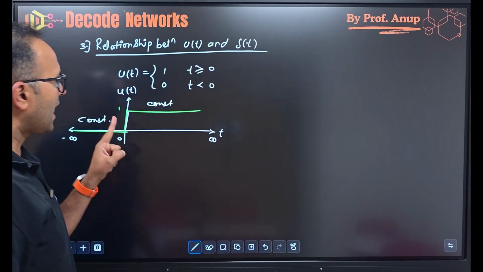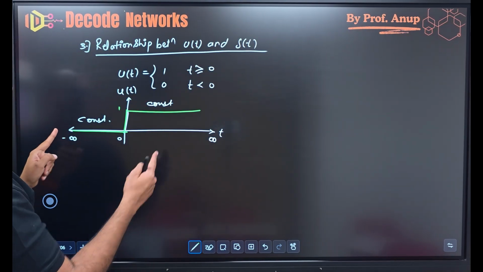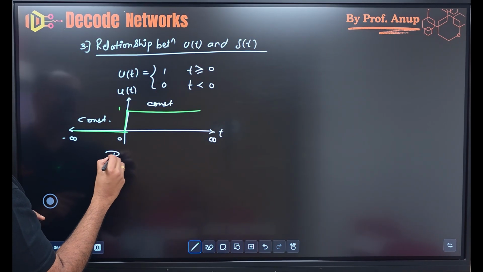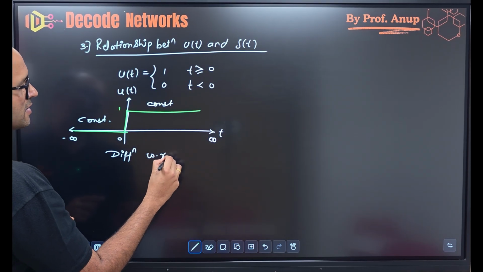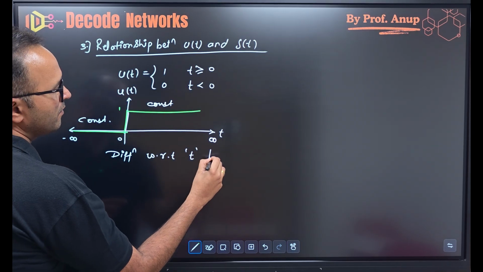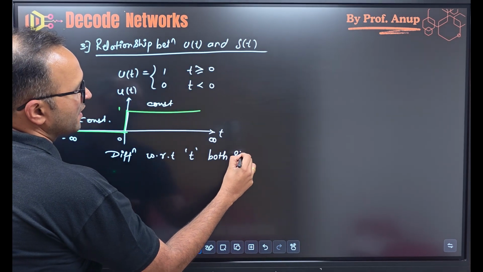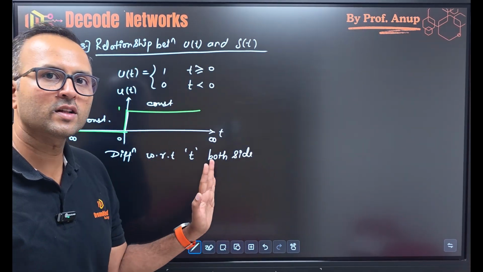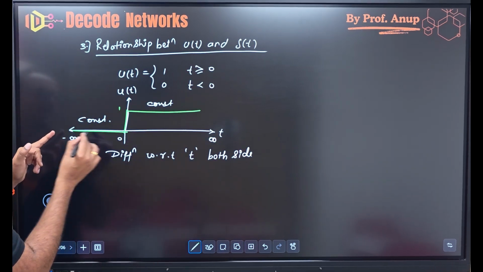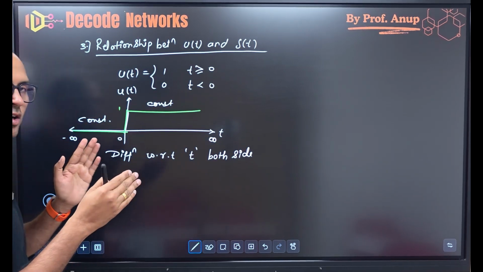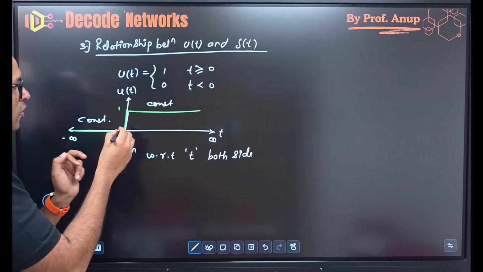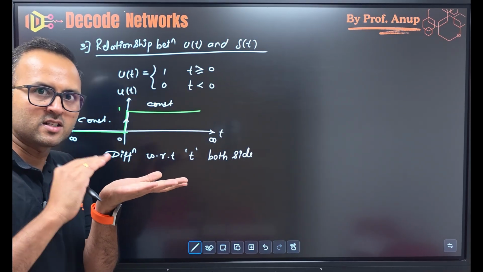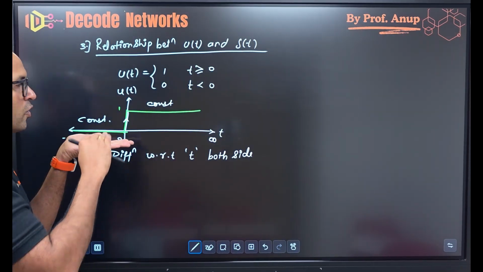Now try to understand, I am differentiating this on both sides. Differentiate with respect to time both sides. So there is no change, it is constant. What is the differentiation of a constant? 0, right? At 0, the amplitude changed from 0 to 1.